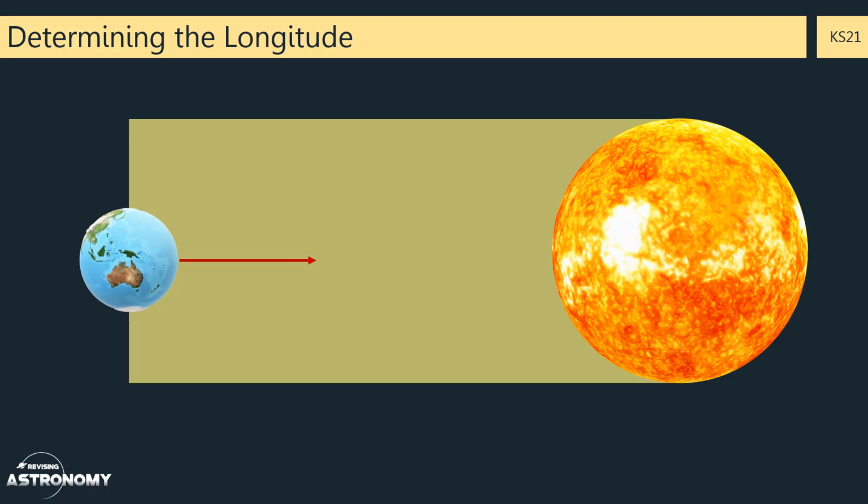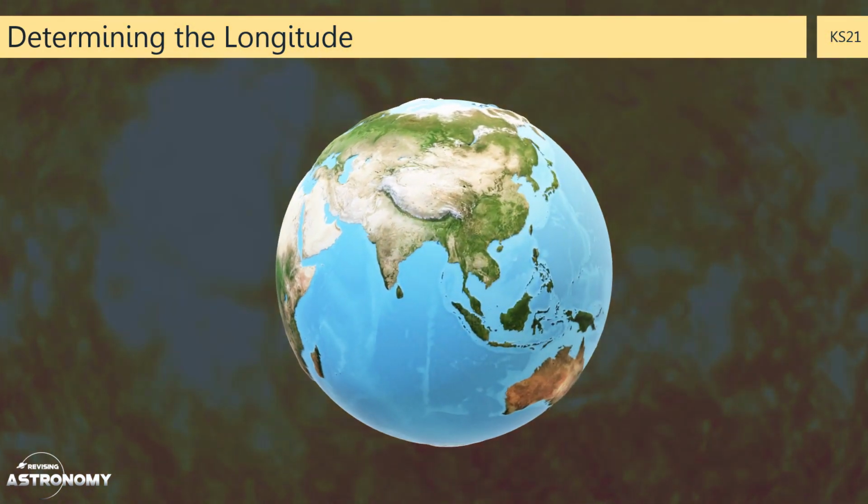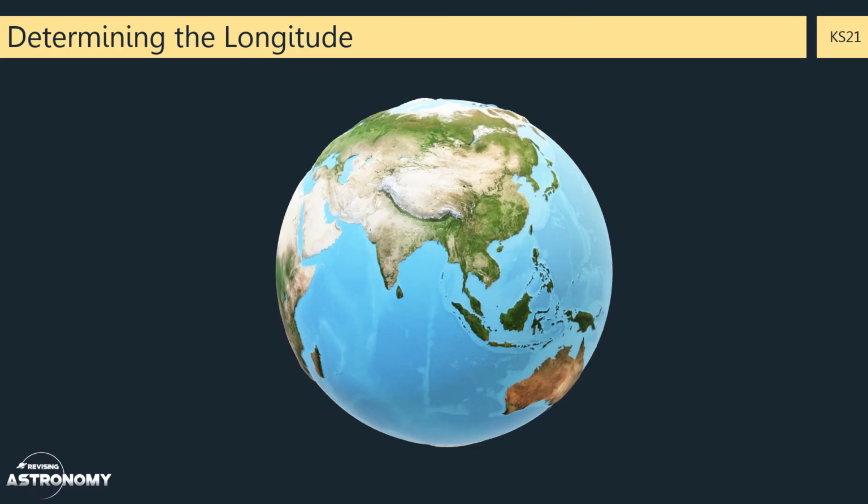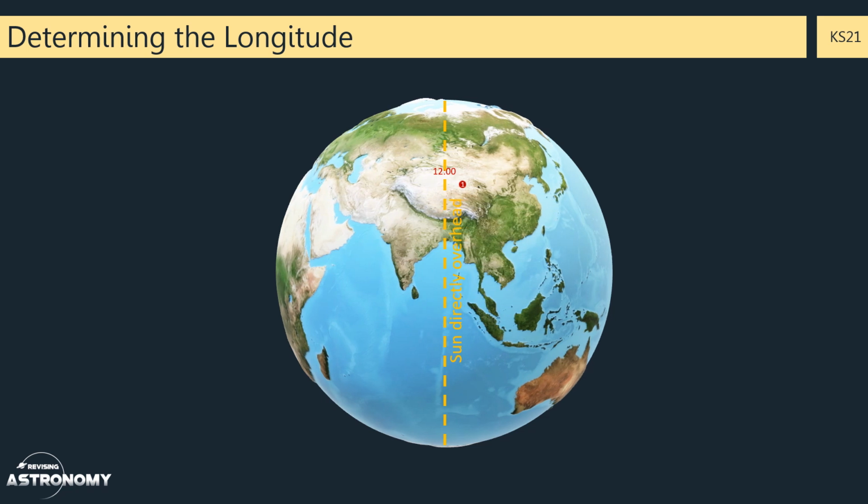Let's look at the Earth from the position of the sun. So the part of the Earth that you see here is currently facing the sun, and it is midday at location 1. Now as the Earth rotates, let's see 20 minutes of rotation, and this isn't to scale.